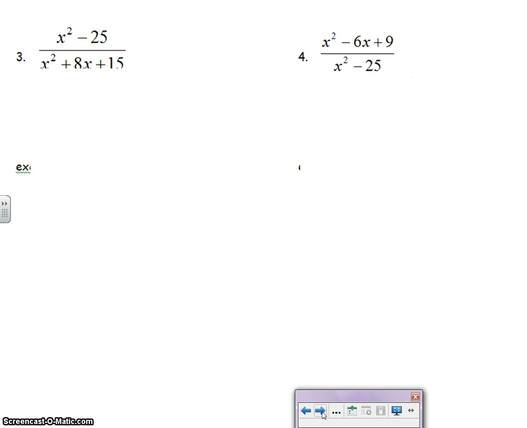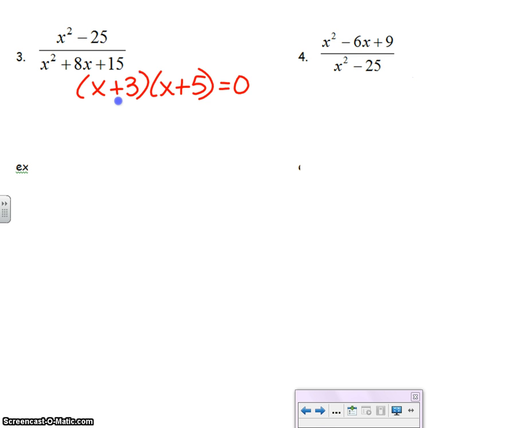Let's look at some where we actually have to factor the denominator. We look at x squared plus 8x plus 15, and we're asking ourselves what factors of 15 add up to 8. So hopefully we're good at this now. x plus 3 times x plus 5. So we factored our denominator. Now we're going to set this equal to 0.